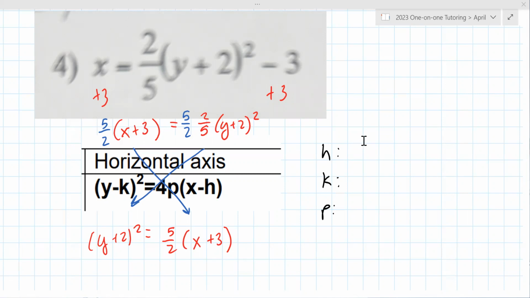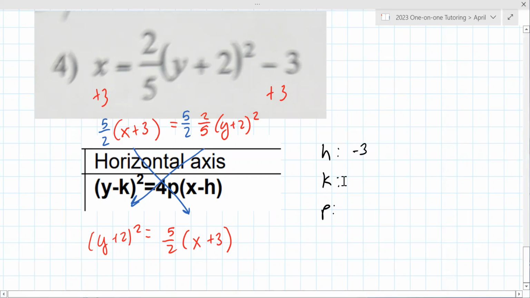Would the h be -3? It is. How about K? So k would be -2.